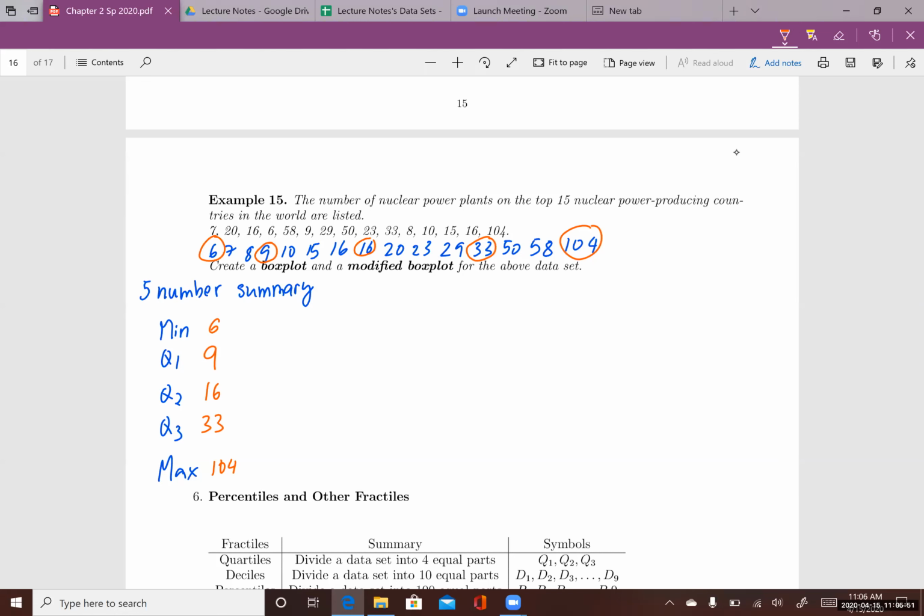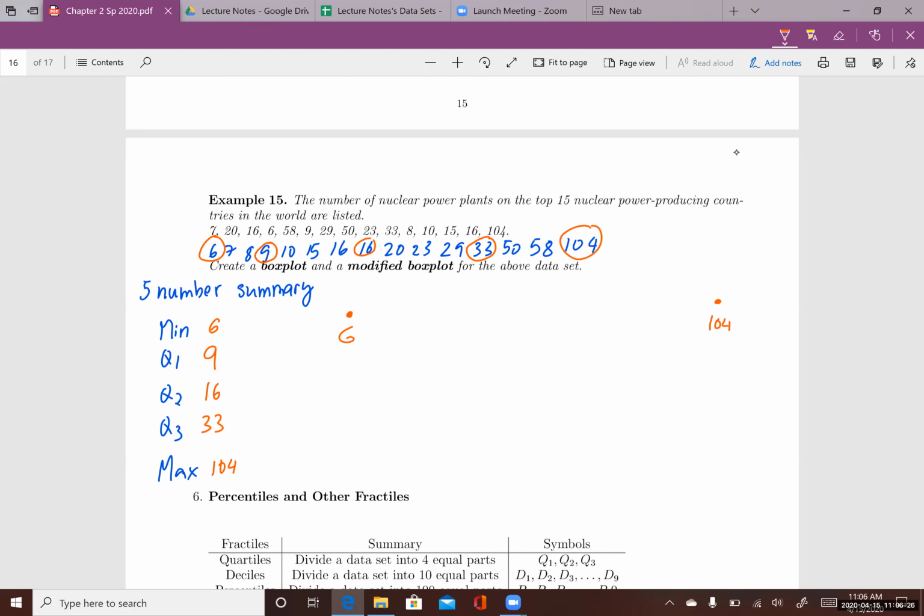All right. So for the box plot, you want to identify the minimum value, which is 6, and the maximum value, which is 104. And between the minimum and maximum, you want to identify Q1, Q2, and Q3 proportionately. The difference between these two is about 98.